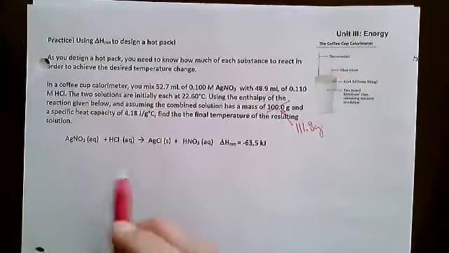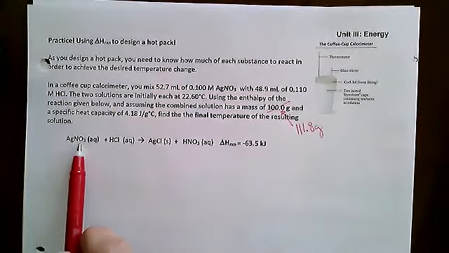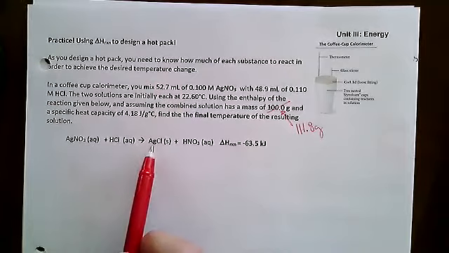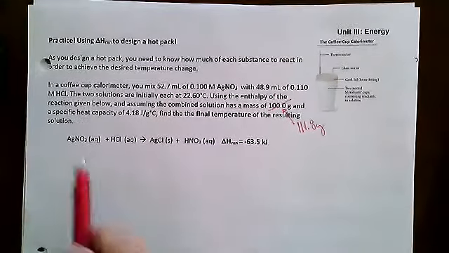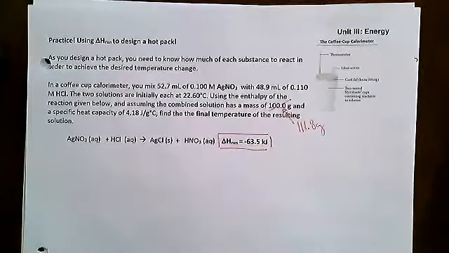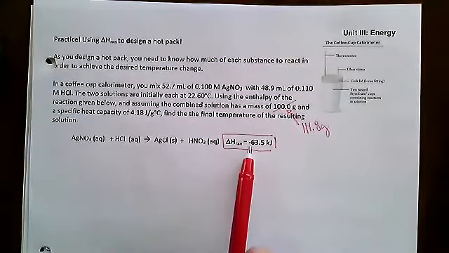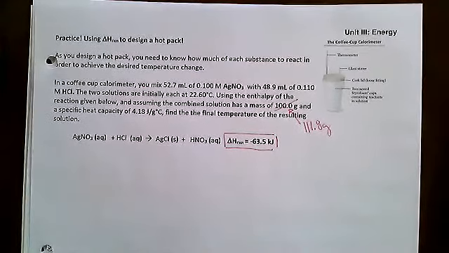So let's say this is the reaction that you're working with. Silver nitrate in an aqueous solution reacts with hydrochloric acid to make silver chloride and nitric acid. And when you do this mixing, the delta H of this reaction is negative 63.5. So are we talking about an endo or exothermic reaction?